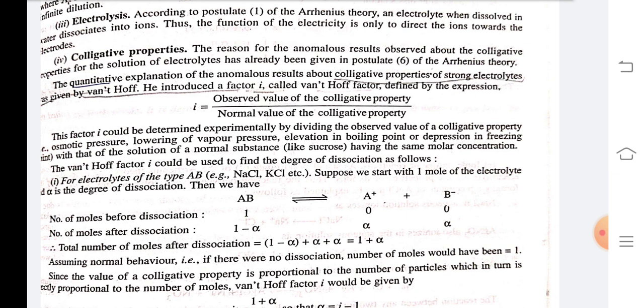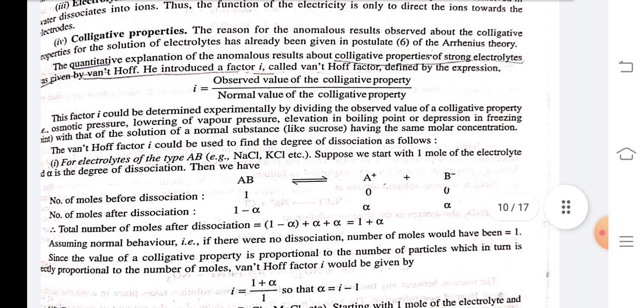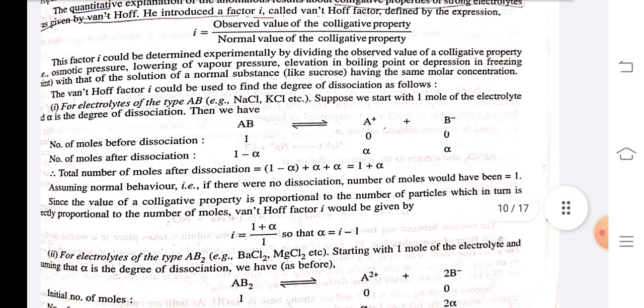The quantitative explanation of the anomalous results about colligative properties of strong electrolytes was given by van't Hoff. He introduced a factor i, called the van't Hoff factor, defined by the expression i = observed value of colligative property / normal value of colligative property.